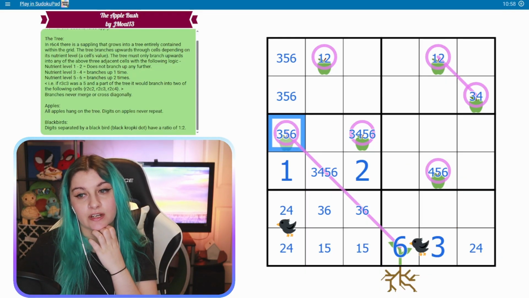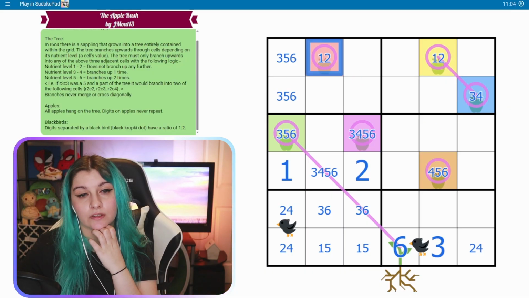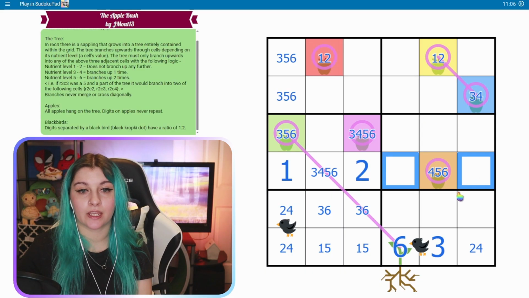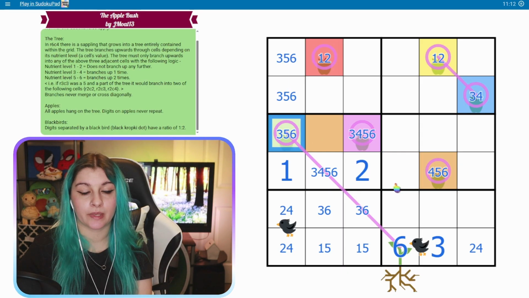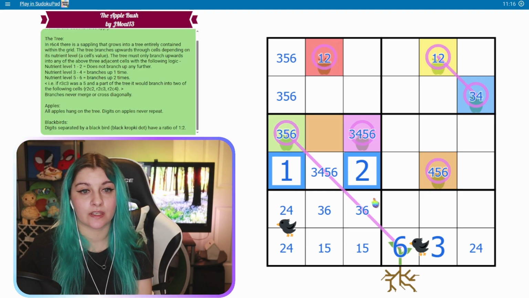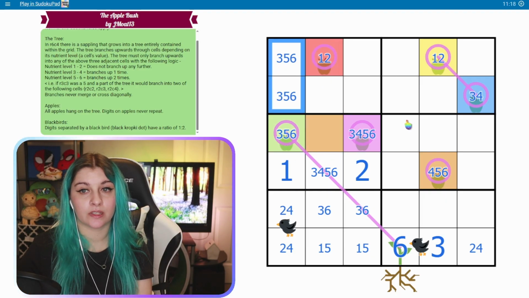Let's try some shading, see if I can figure out some digits here. This is going to be green and pink. This is for sure an orange because this digit goes up here somewhere, but it's not green or pink. Red is a 1 or a 2, so it's one of these.